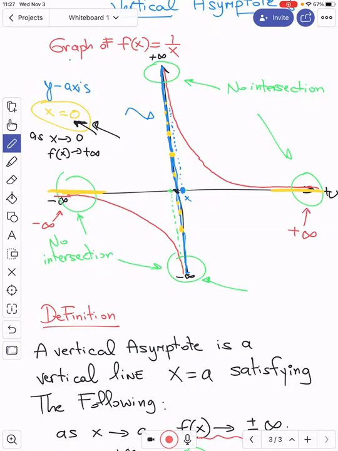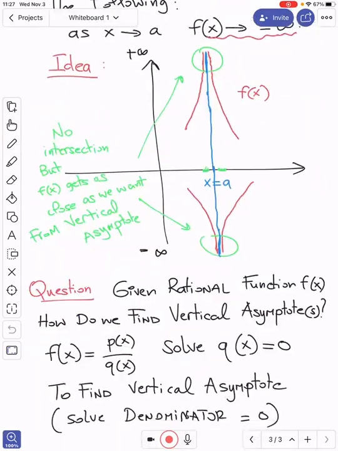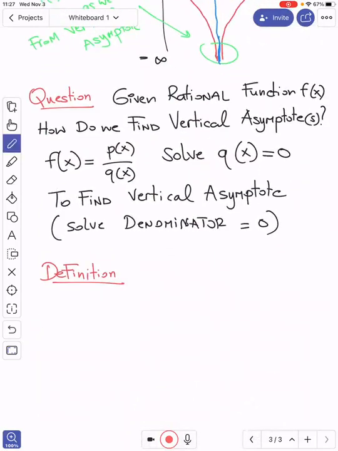So a horizontal asymptote is a horizontal line, of course.